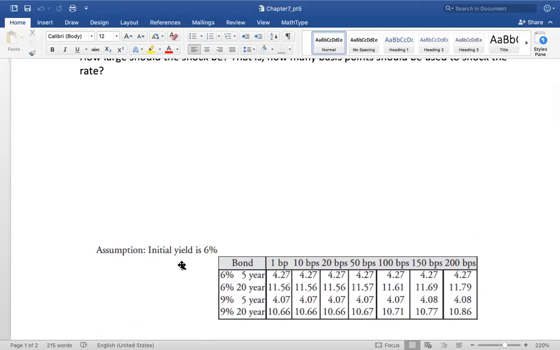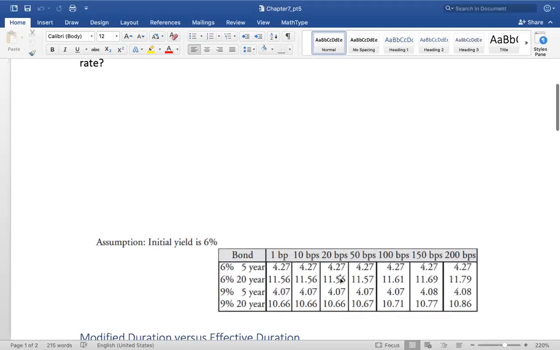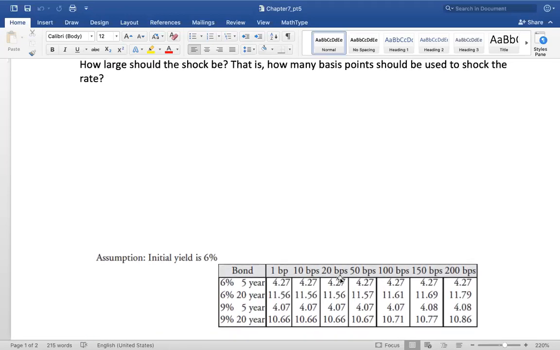The initial yield is 6%, and here you can see 1 basis point, 10, 20, 50, 100, 150, and 200. What is done here is that the duration of these 4 bonds is calculated on the basis of these different basis point assumptions.